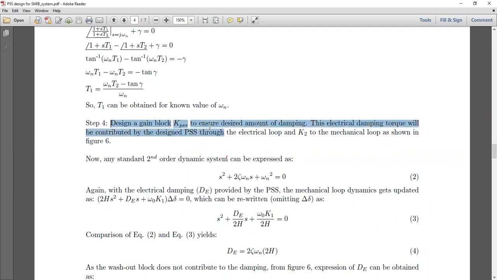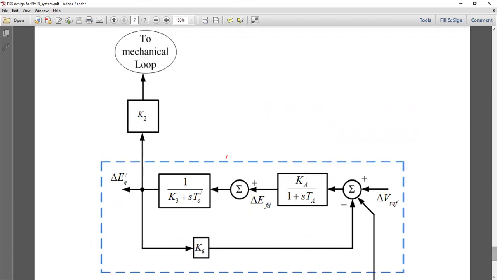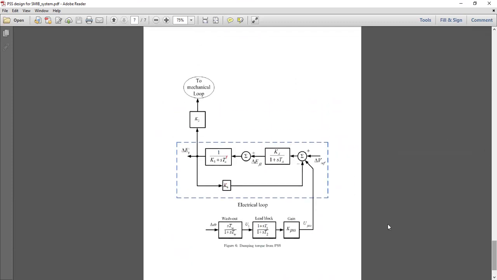So the job again is to design a gain block to ensure a sufficient or desired amount of damping. And this damping will be contributed by the designed PSS through the electrical loop and K2 to the mechanical loop, as shown in figure 6. So this is figure 6. You can see now everything is available.